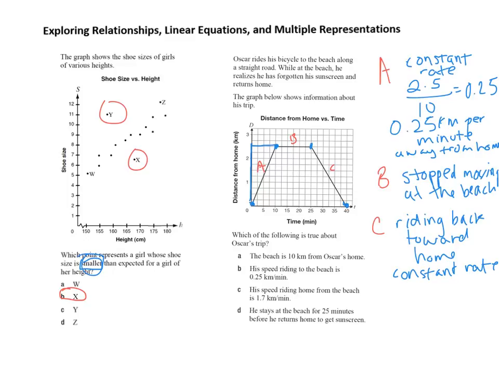The rise here is going to be from here down to here, so that again is 2.5 kilometers. This time it took him 15 minutes, so the run from 25 to 40 is 15 minutes. So 2.5 divided by 15, his rate of speed this time was 0.166 repeating, and that is 0.166 kilometers per minute.